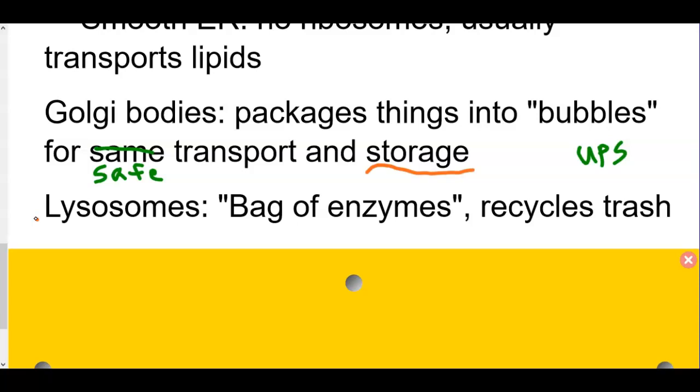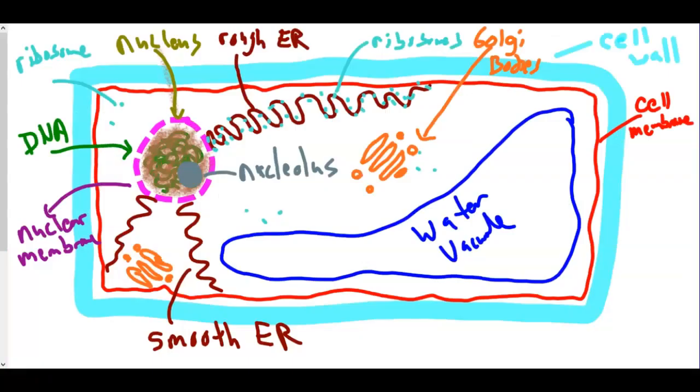And so that's pretty cool. And what a lysosome does is actually breaks apart cell membranes of other things too. It has a bunch of enzymes inside that are going to help break things apart. So it's kind of like a water balloon or a little bag of enzymes. And lysosomes are used to recycle and get rid of trash. So anything the cell doesn't need, if it's an old cell part, or if it's a piece of food that we don't need, or something like that, the lysosome is going to get rid of.